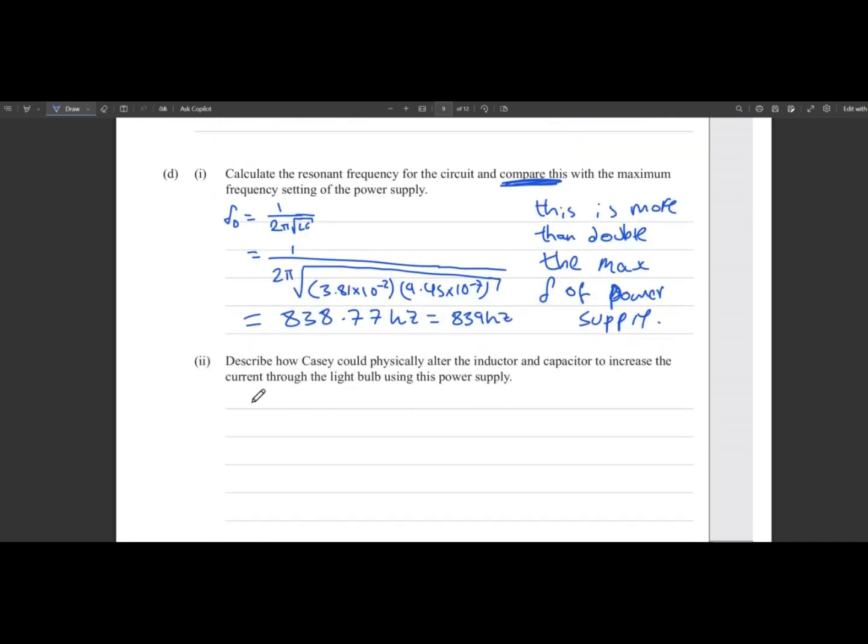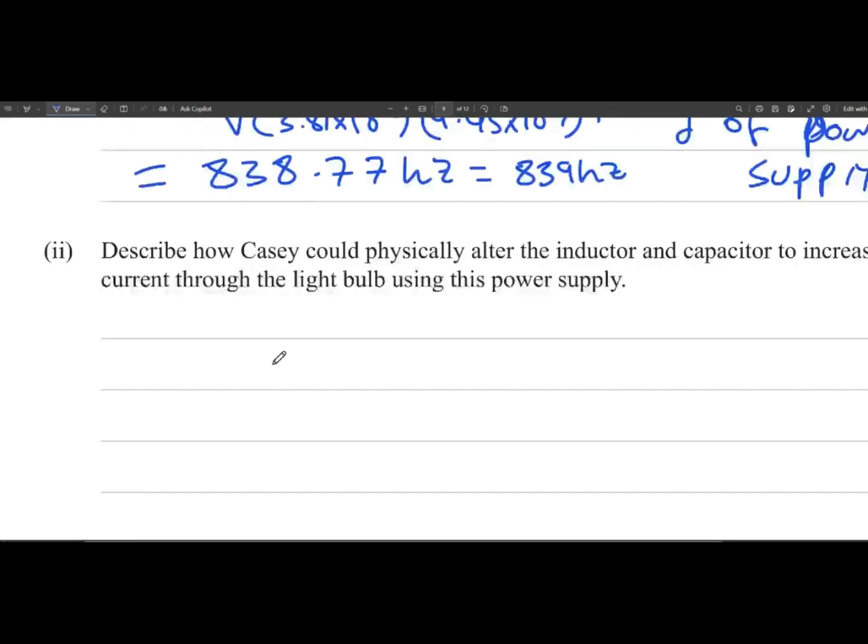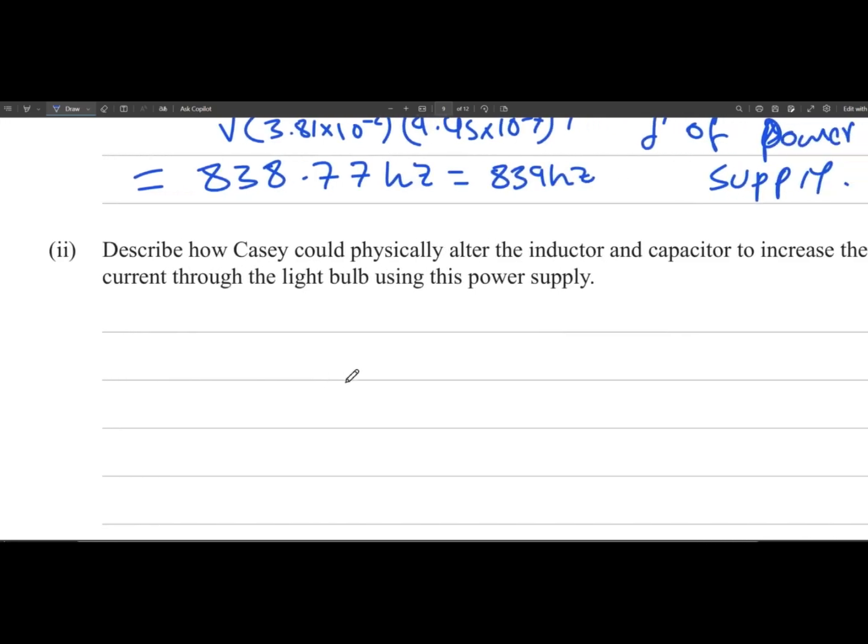Okay. And describe how Casey could physically alter the inductor and capacitor to increase the current through the light bulb using this power supply. So for this one, let's first start by writing our capacitor construction formula.